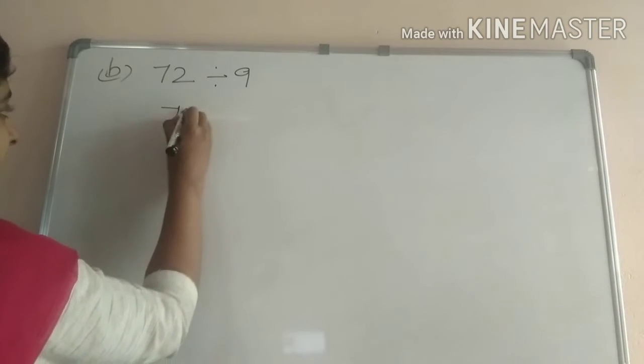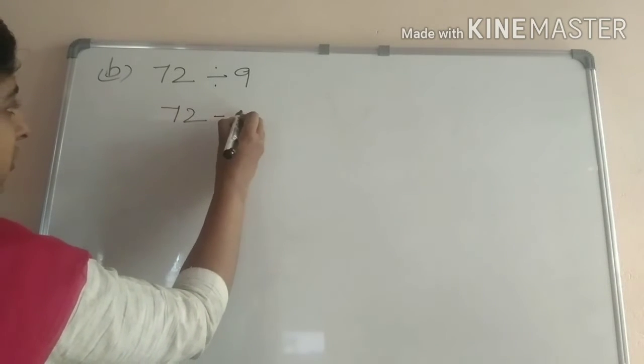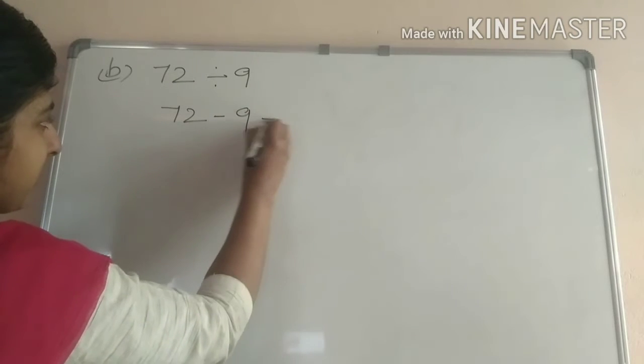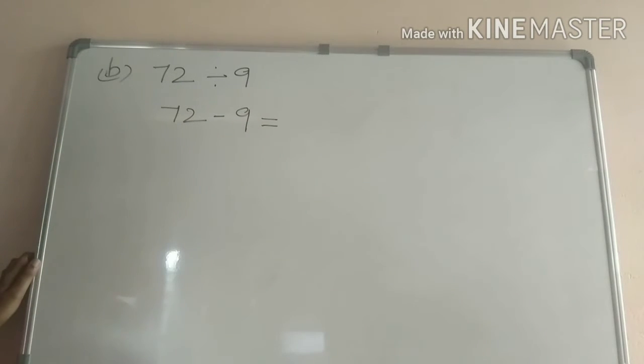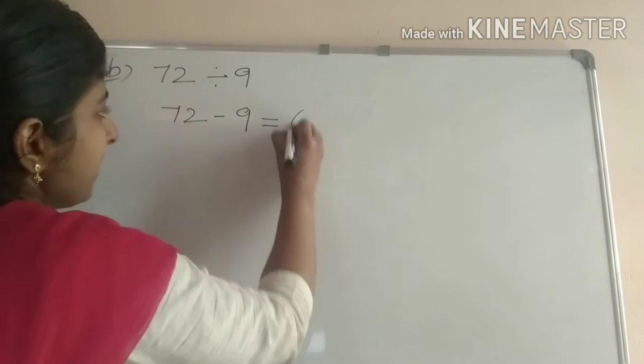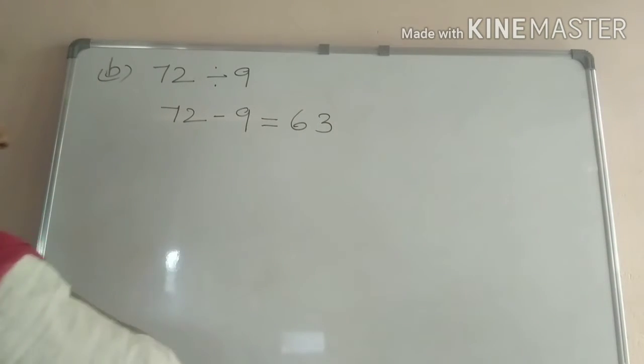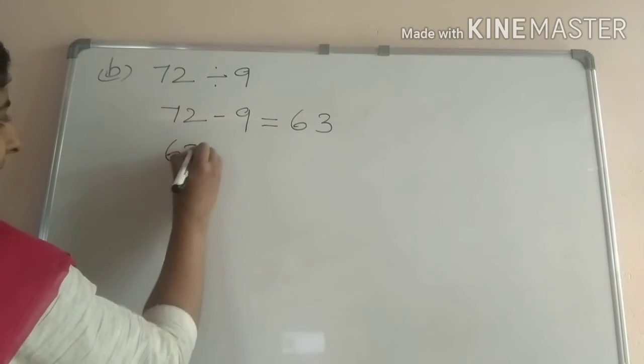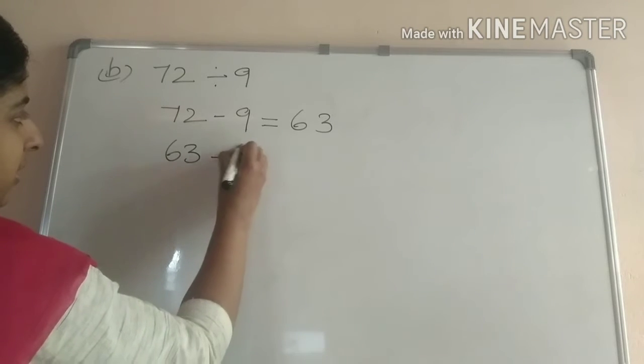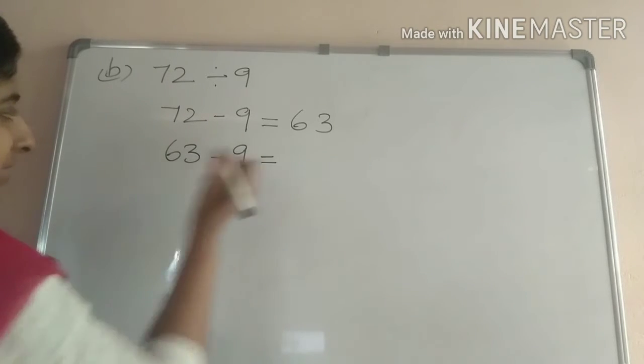First, 72 minus this divisor 9 is equal to, what is the answer? 63. Yes. Then 63 minus 9 is equal to, what is the answer?